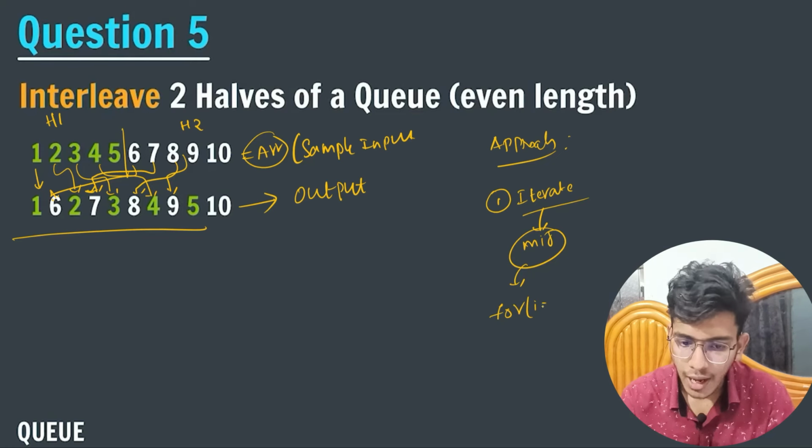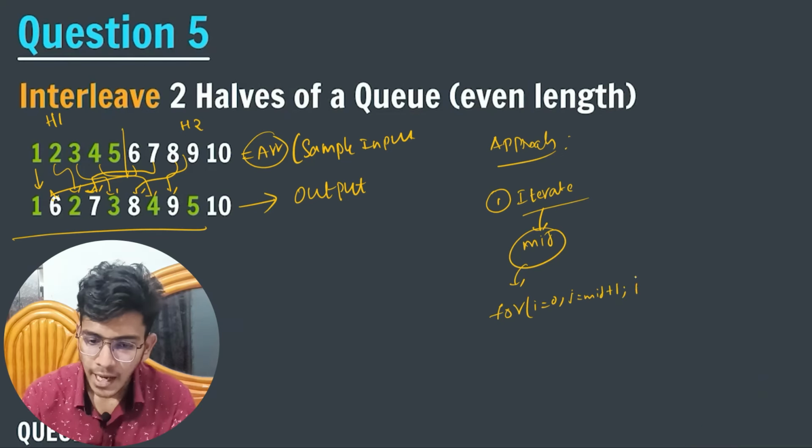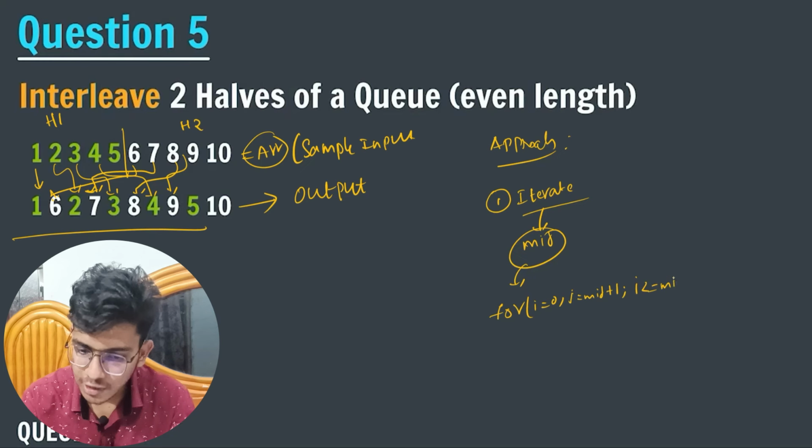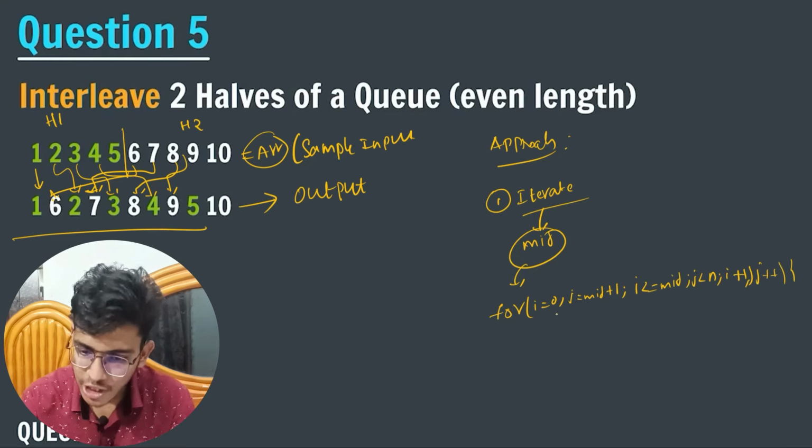So for i equals 0 and j equals mid plus 1, and i should be less than or equal to mid, and j should be less than n, and I am going to increment i plus plus, and at the same time increment j plus plus.